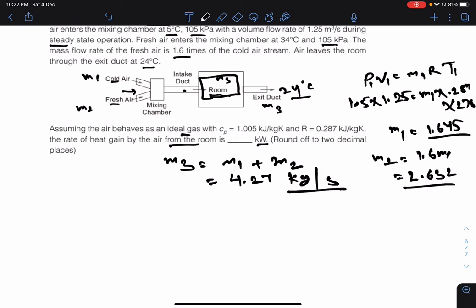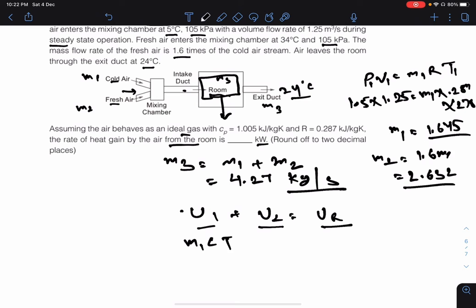So U1 plus U2 is equal to the total energy inside the room, that we can take as UR, that will be the sum of U1 plus U2. So we can write it as M1 C T1 plus M2 C T2 is equal to M3 C TR.